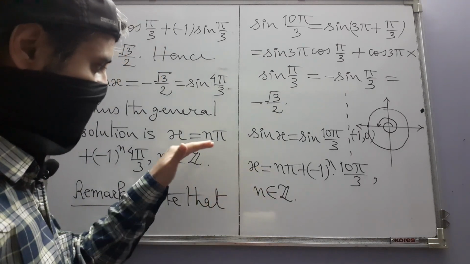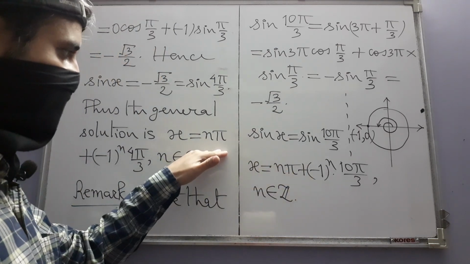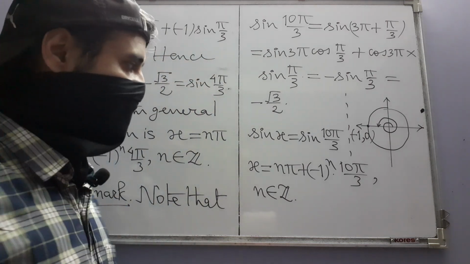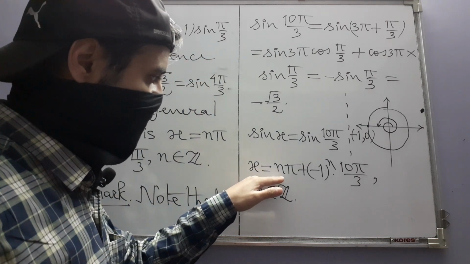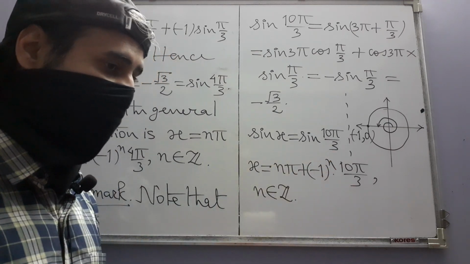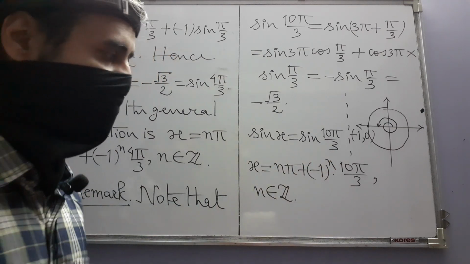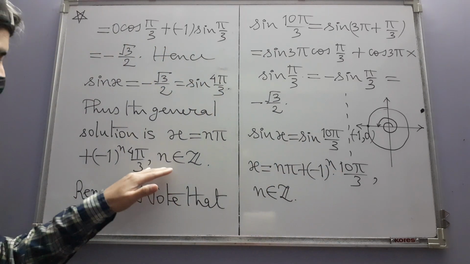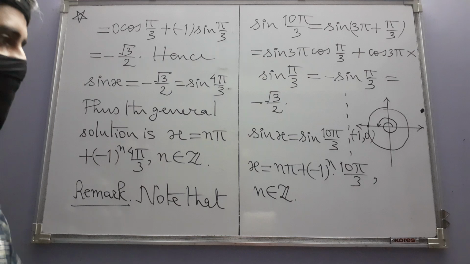So what we are looking at here and here, these are sets of values. It's just that the general element has different looks. Here the general element looks like this. Here the general element looks somewhat different.